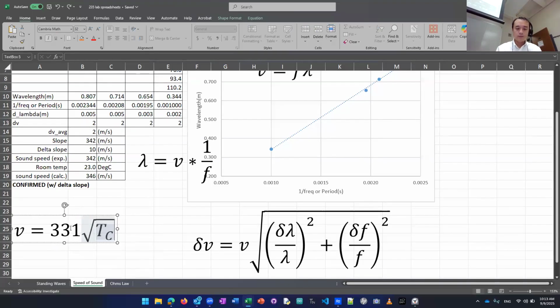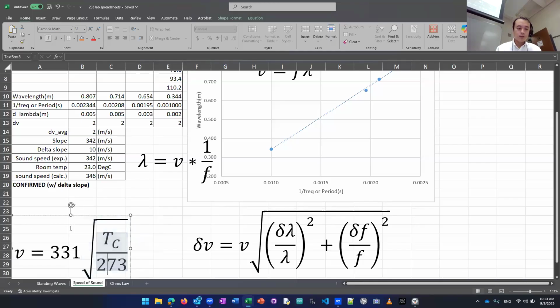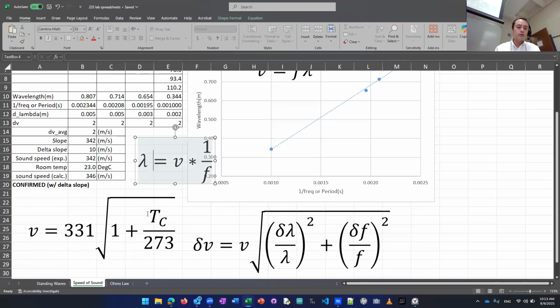Oh, but then we have to add a 1 to it. This is because we're using temperature in degrees C, not in Kelvin. So 25, right? And over here, so speed of sound, let's see, experimental, what is the room temperature?